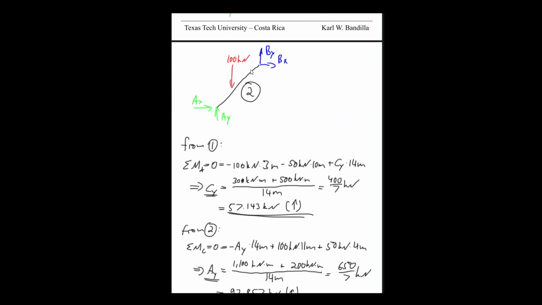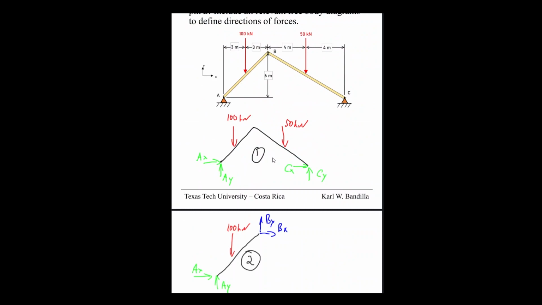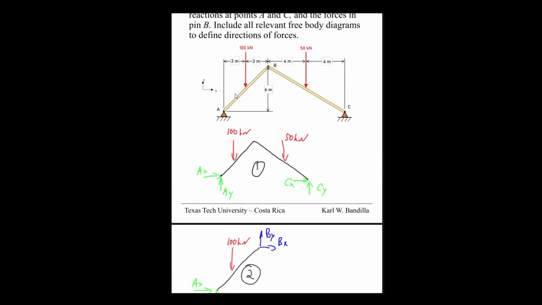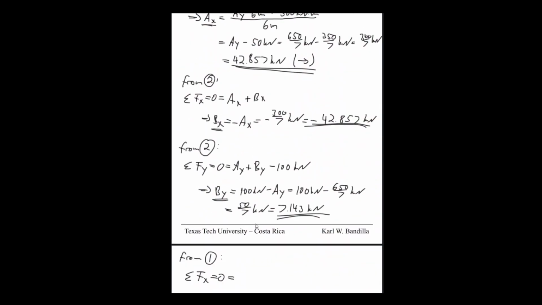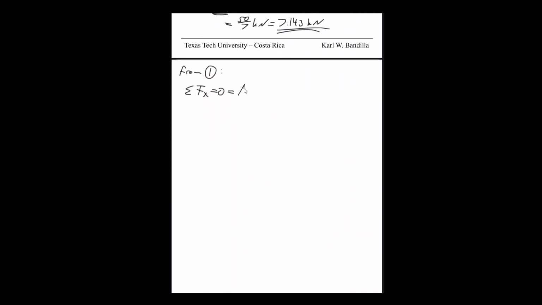Now, not much else we can do here because we have all the forces that are in this. So let's go back up here. The only one that we're missing is Cx, so we can just do a sum of forces in the X direction. So from 1, sum of forces in the X direction equals 0. Not much going on there, so Ax plus Cx. That means Cx is minus Ax.